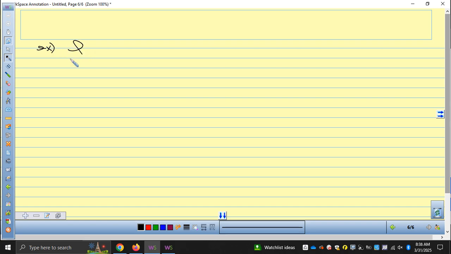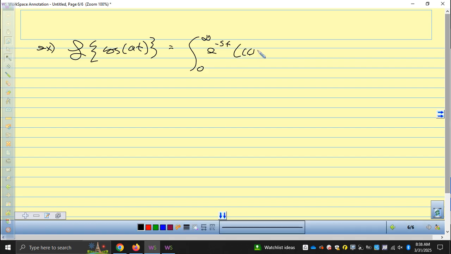The Laplace transform of cosine of at. So that's going to be the integral from 0 to infinity of e to the minus st times cosine of at dt. All right, we need to integrate by parts here.